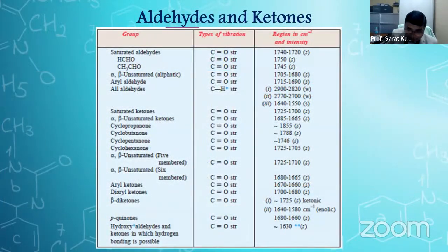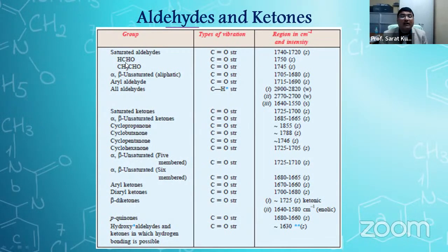For aldehyde and ketone, as I told from the beginning, both contain C double bond O, but they are different. The nature of the functional groups gives the idea of how they change. For example, formaldehyde gives 1750, whereas acetaldehyde is 1745. It is a little lower frequency, and it gives a strong vibration.